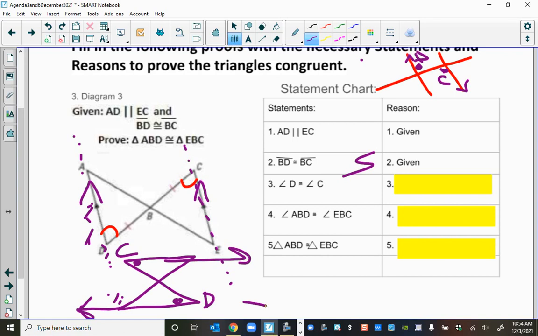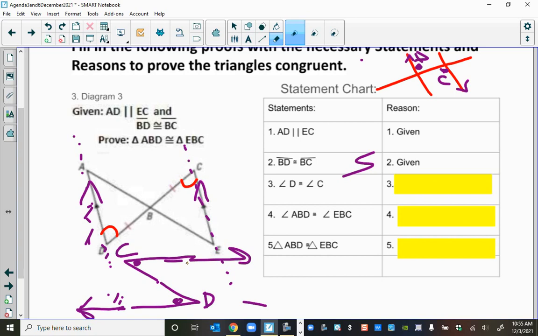What can we say? Let me take this out. What type of angles can we have there? Give you a hint. It starts with an A. The first word's an A. Alternate what? Alternate interior.